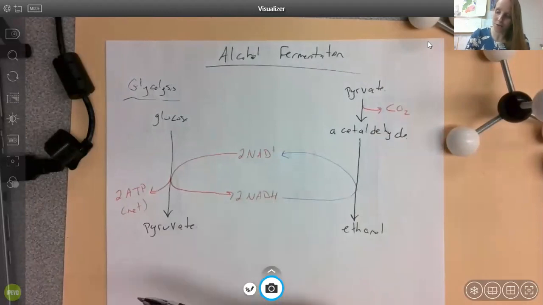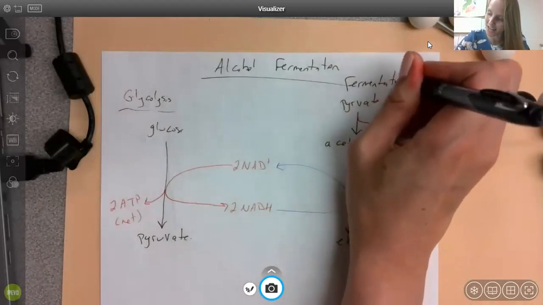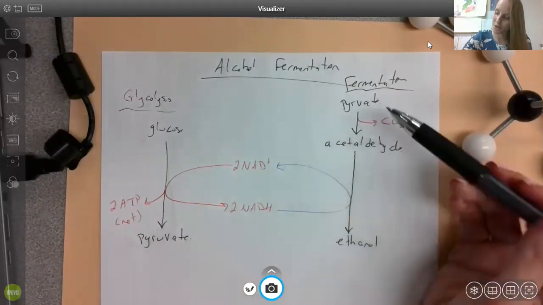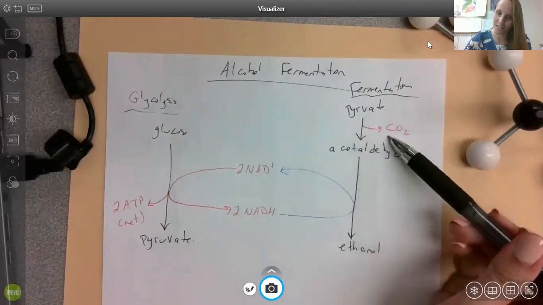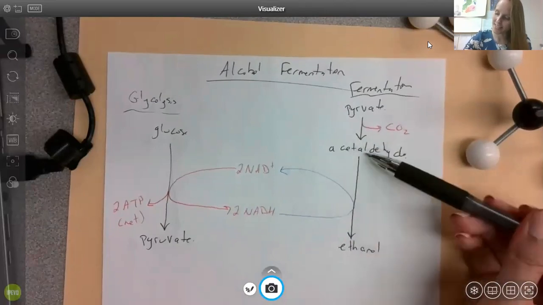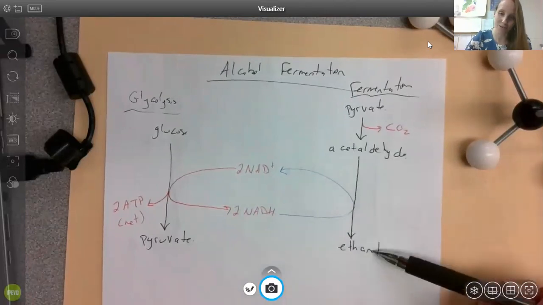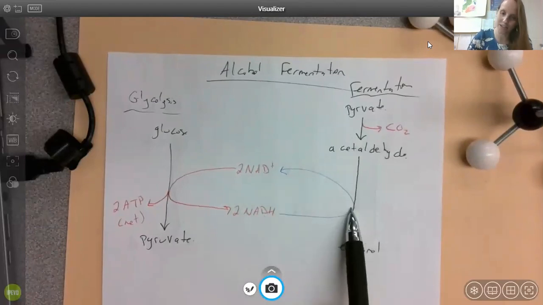Then in step 2, which is the actual fermentation step, that pyruvate is going to be turned into acetaldehyde by removing carbon dioxide. The acetaldehyde is then reduced into ethanol by the NADH. So the NADH comes, it's going to drop off its electrons onto the acetaldehyde.